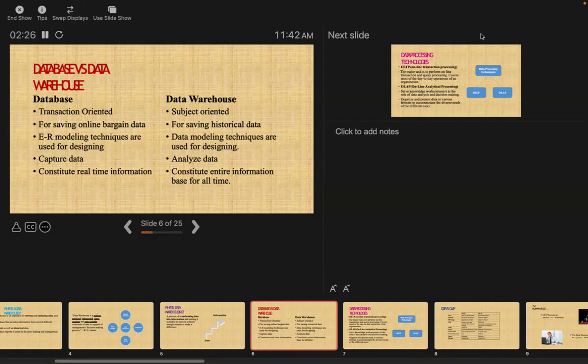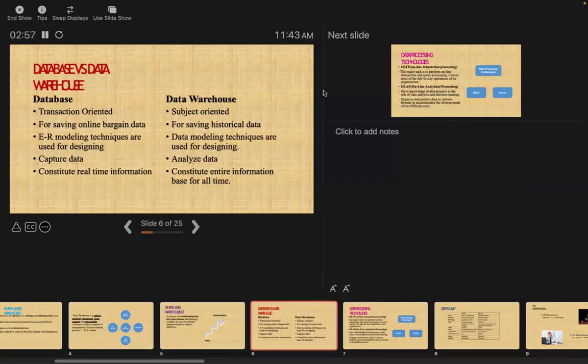So basically, this process is required for decision making, right? Then we found these are the characteristics of the data warehouse, but you also know that in a database also we keep the data. Then obviously the question arises in our mind: what is the difference between database and data warehouse?